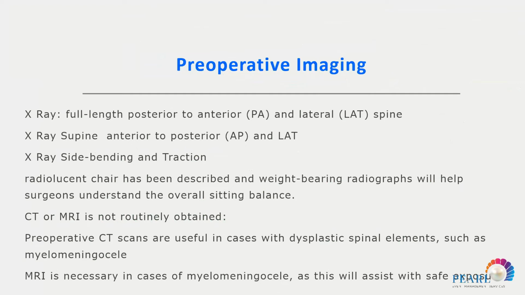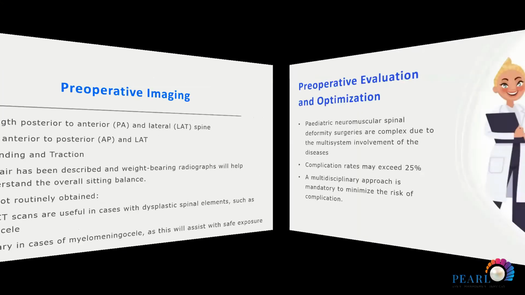Preoperatively, we have a lot of things to do, starting with X-rays: standing X-ray if it's possible, supine X-ray, bending and traction X-ray, and sitting X-ray, which gives a good idea about the plan for the surgery. CT scan and MRI are sometimes very useful if we have any dysplastic spinal problems.